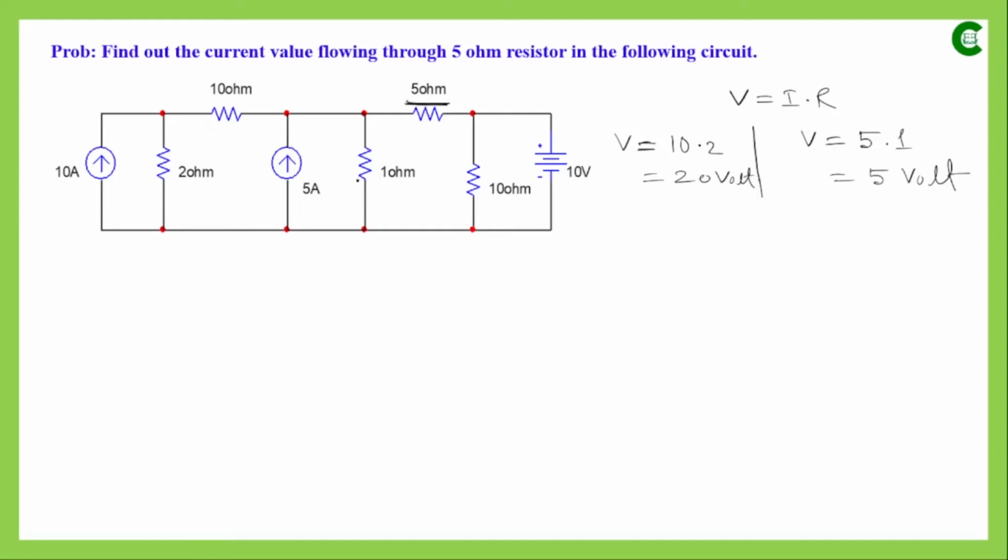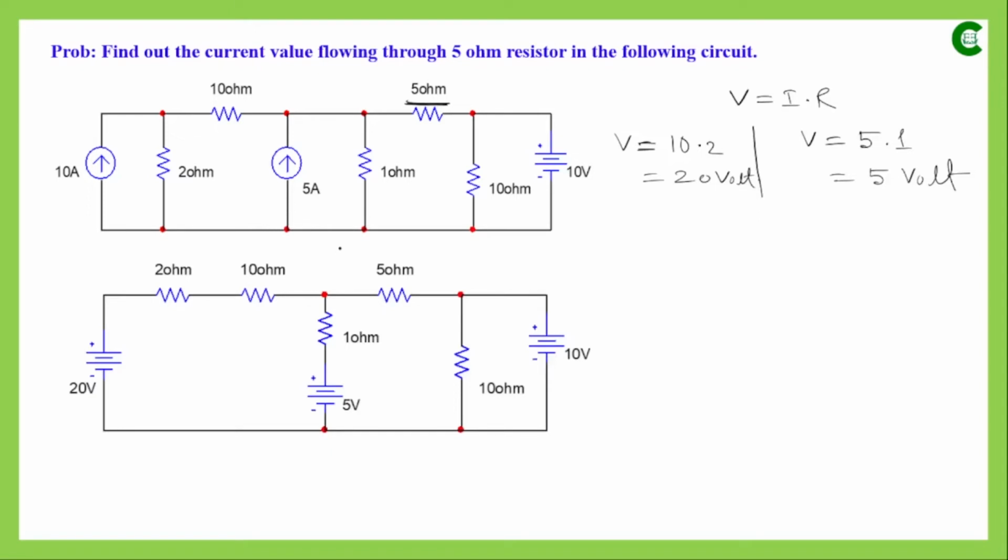So in the next step, we will redraw this circuit, and in that circuit we will have all these 5 resistances, but all the energy sources will be voltage sources. So this is the circuit. This current source and this resistance are connected between these 2 points in the original circuit.